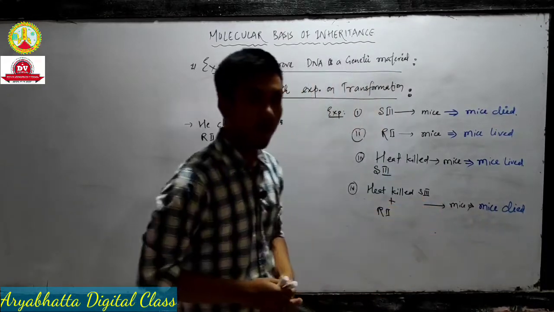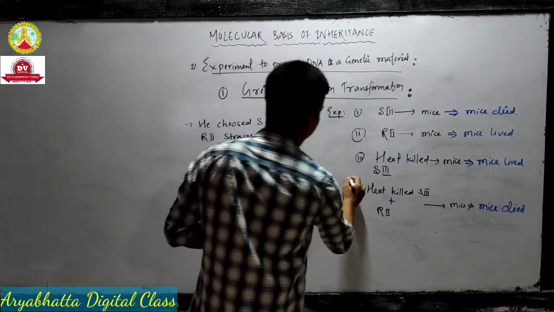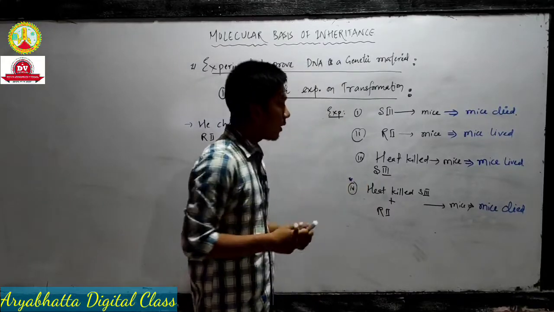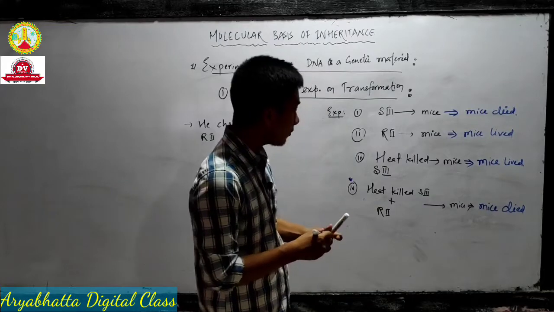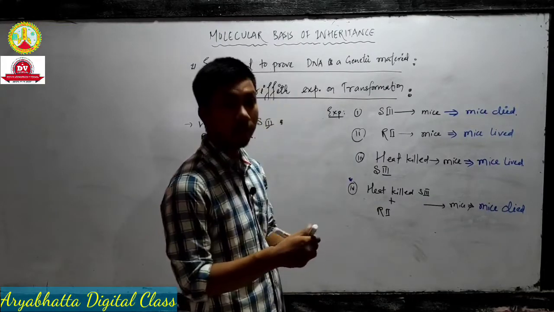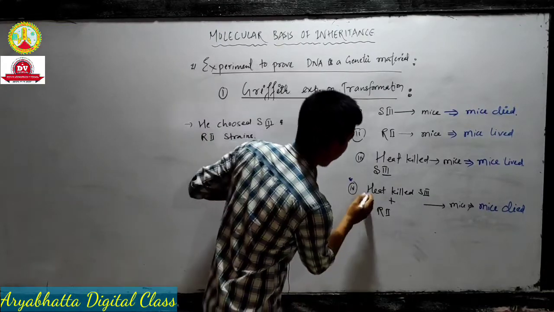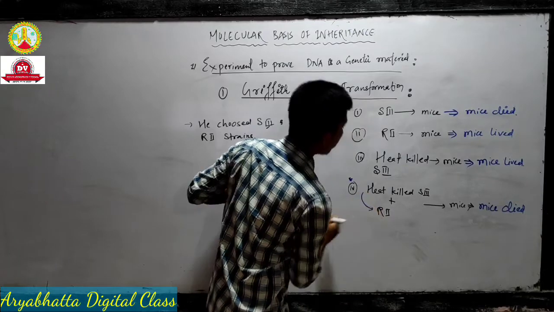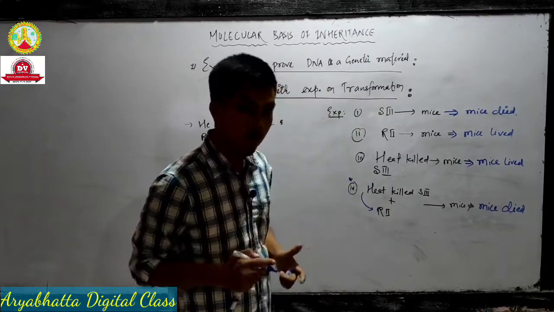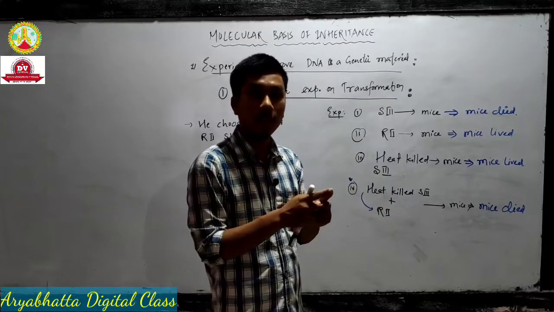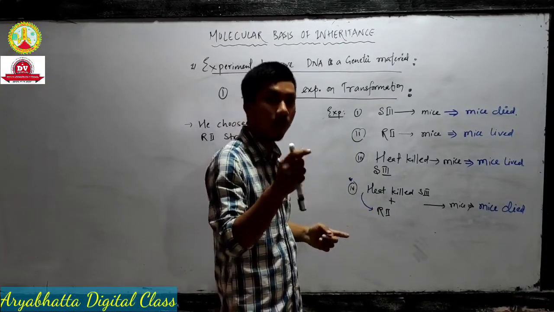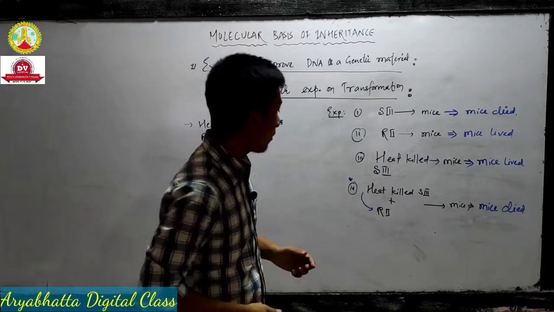So from this experiment, he came to the conclusion that the S3 strain must have transformed something into the R2 strain. Okay, strain means there is a cell in it, the cell of the smooth and the rough bacteria.